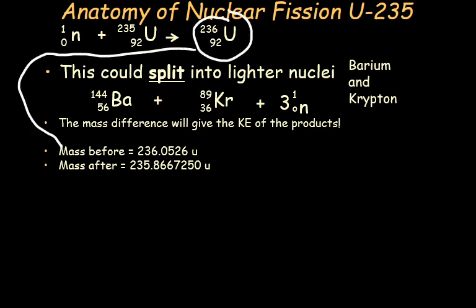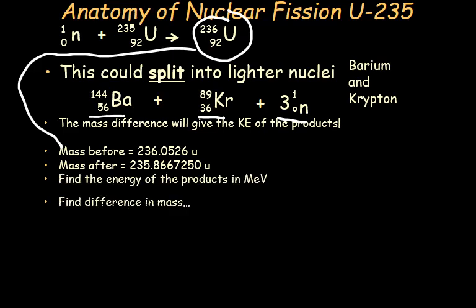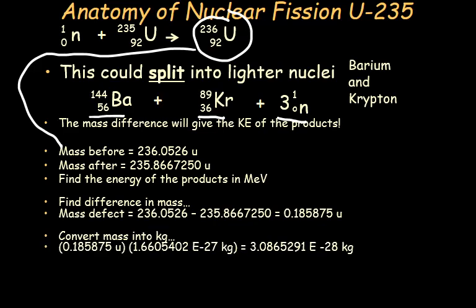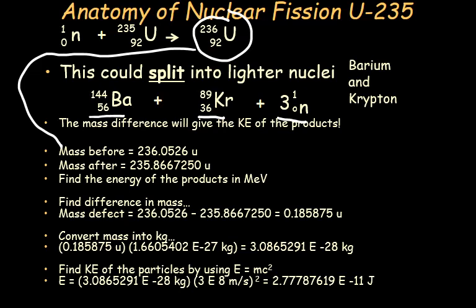The mass afterwards is adding up the barium, the krypton, and the 3 neutrons, and we get our mass defect. The difference in mass here is 0.185875 and we can get this into kilograms, E equals mc squared. And this is the energy that's released.